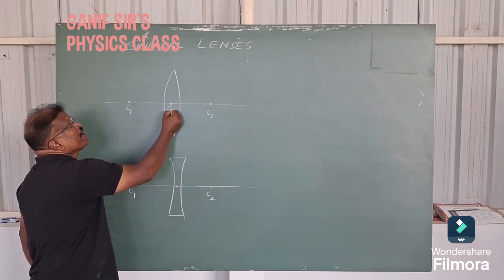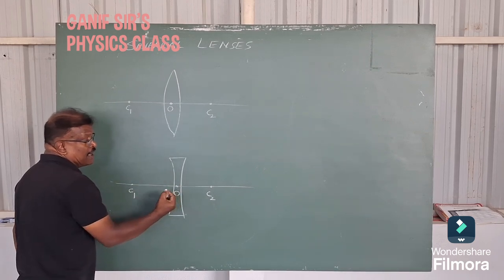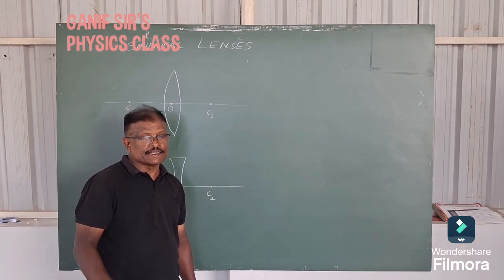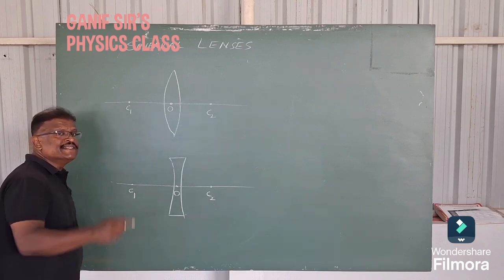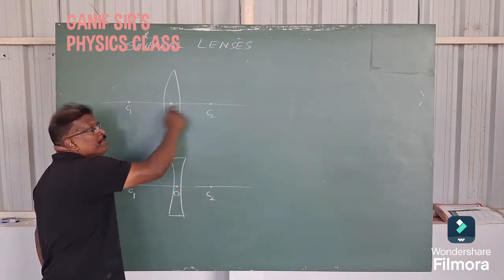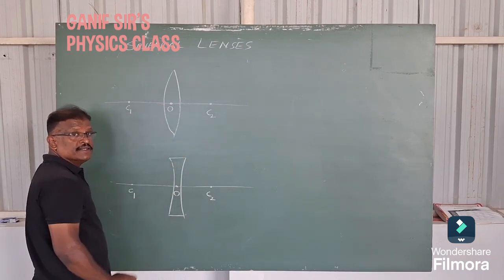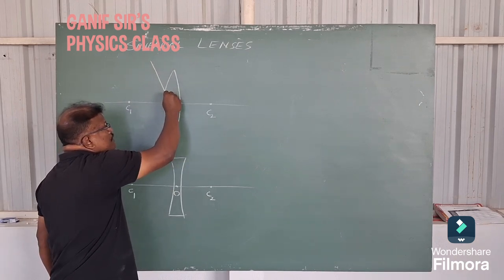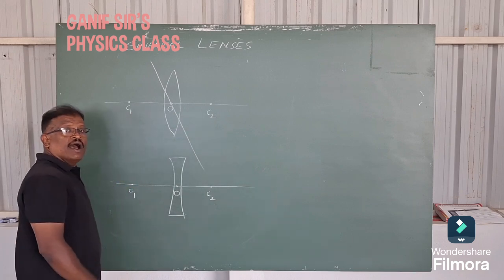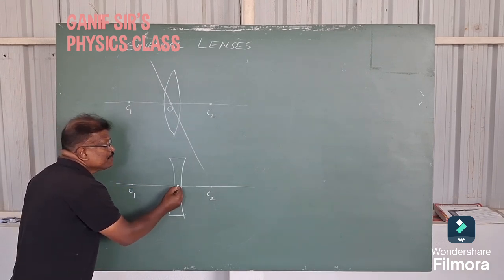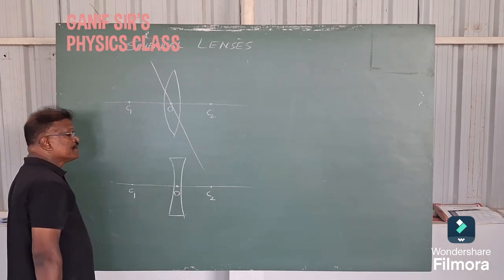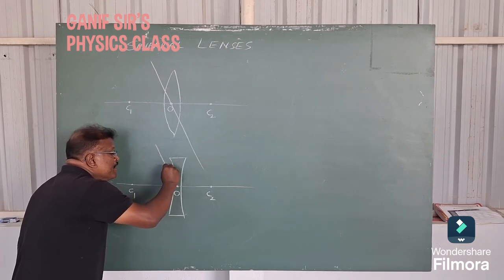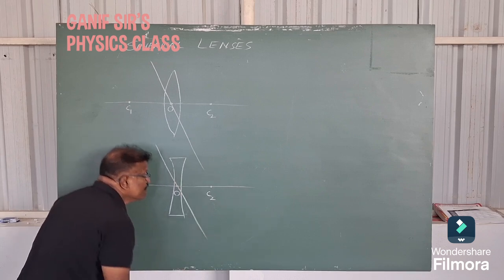I call that point O. O means optic center or optical center, and that point lies on the principal axis within the lens, such that any ray passing through that point will move undeviated. And such a point exists in the concave lens also. See, if I draw any ray passing through that point, it will move undeviated.